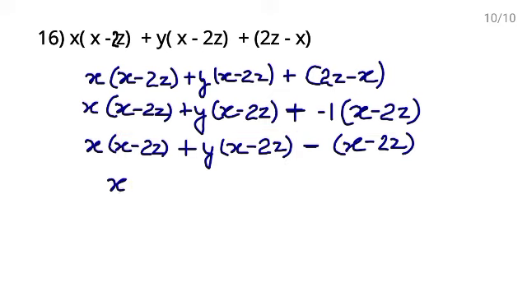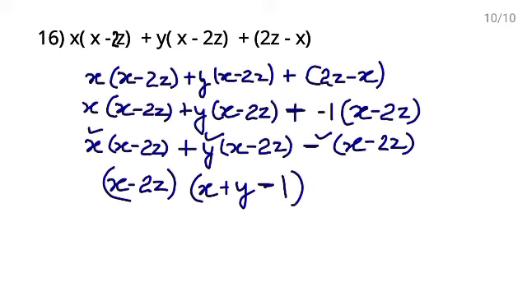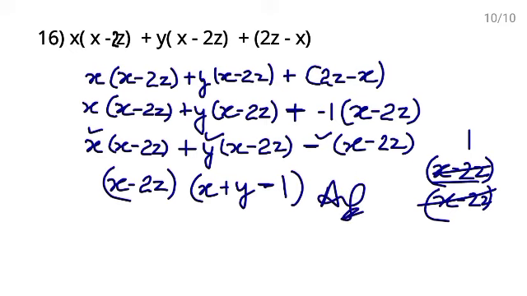So take it common, (x minus 2z). Here we have x plus y minus nothing is there now, so you can write minus 1. Why? Because when you take (x minus 2z) common from the (x minus 2z), अगर x minus 2z ही common ले लिया, so there will be 1, right? So this is your answer.